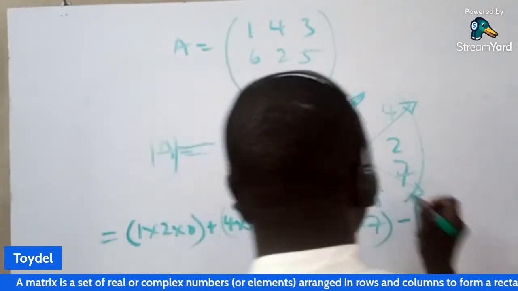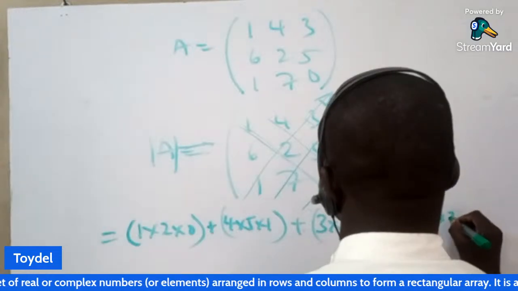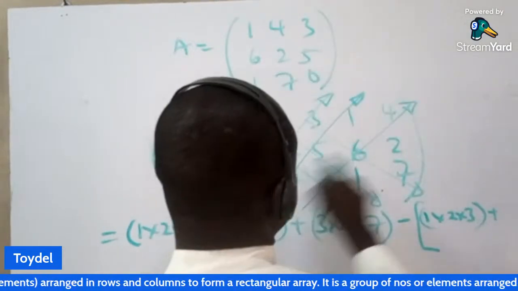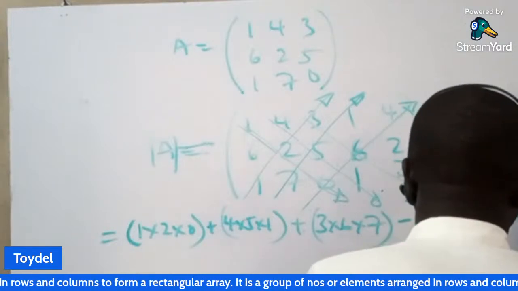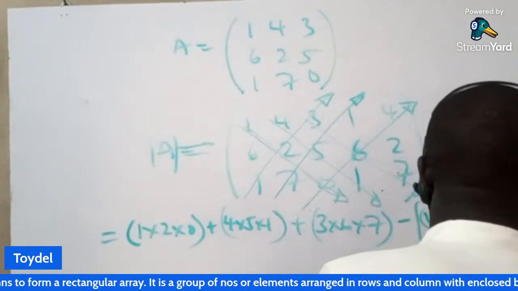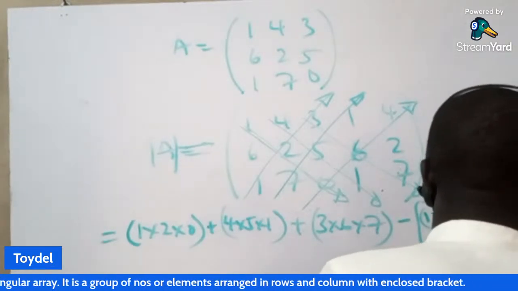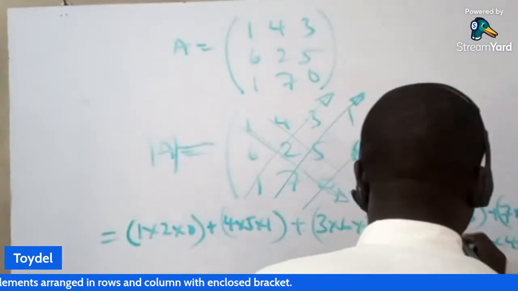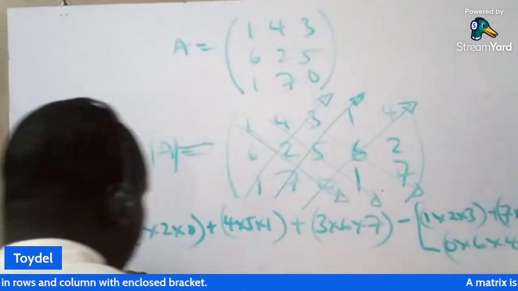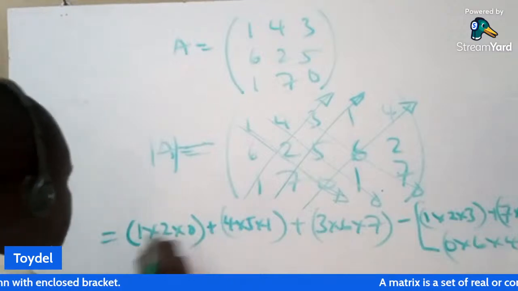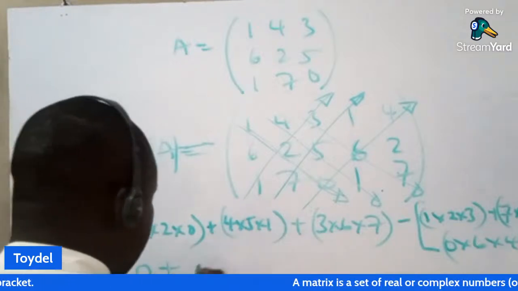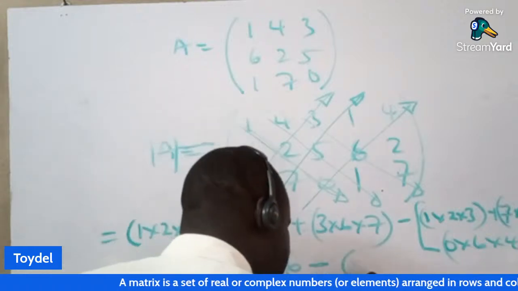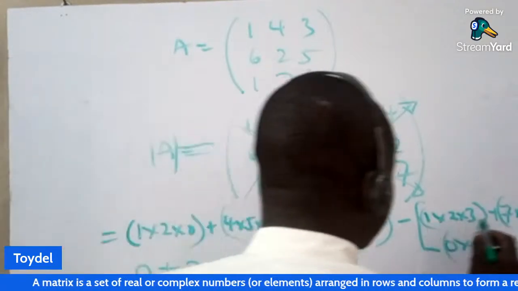That is, the first one will now be 1 times 2 times 3 plus 7 times 5 times 1, plus 0 times 6 times 4. That's what you get. So if you simplify this, what do you get? This is 0 plus 4 times 5, this 20 plus 126 minus, let's simplify what you have inside this bracket.